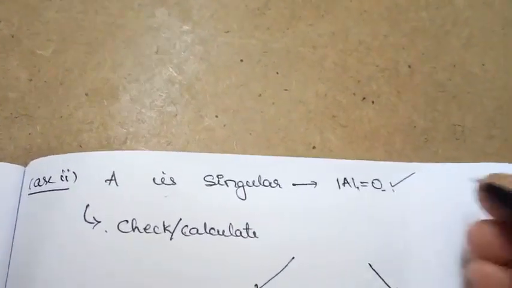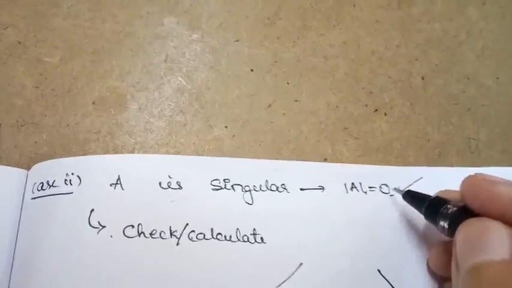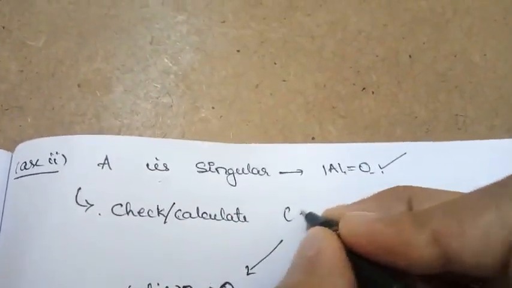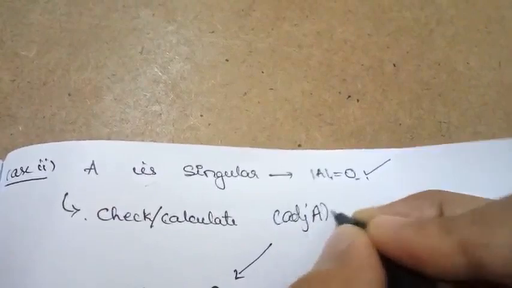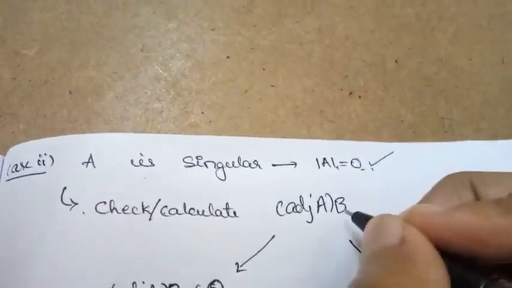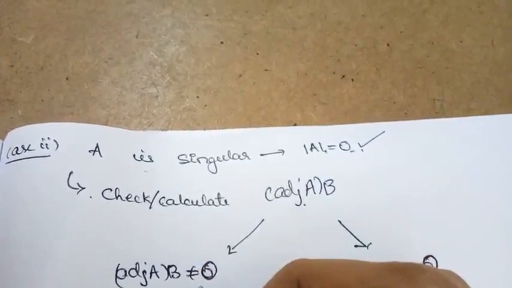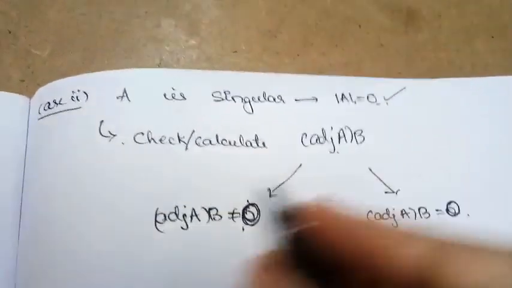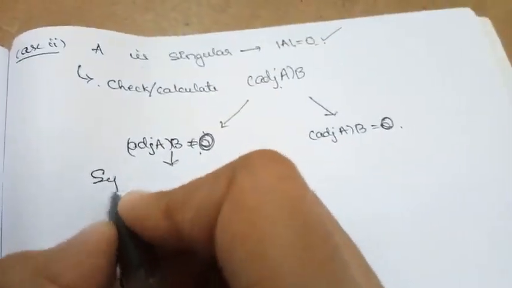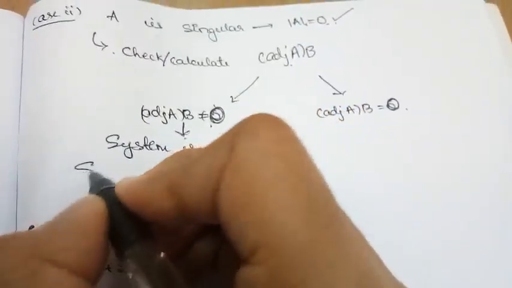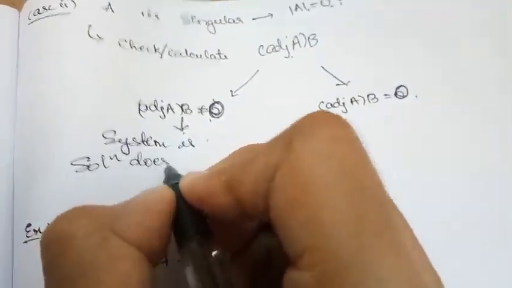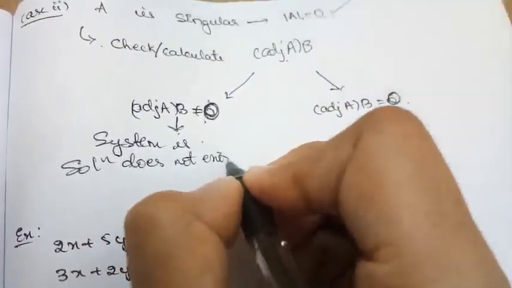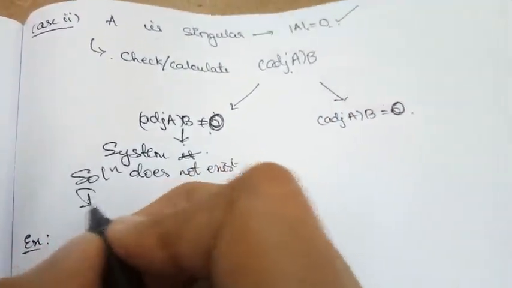When the determinant of A is equal to 0, at that time we calculate and check adjoint of A times B. If this is not equal to the 0 matrix, then the system has no solution, meaning the solution does not exist, and the system is said to be inconsistent.